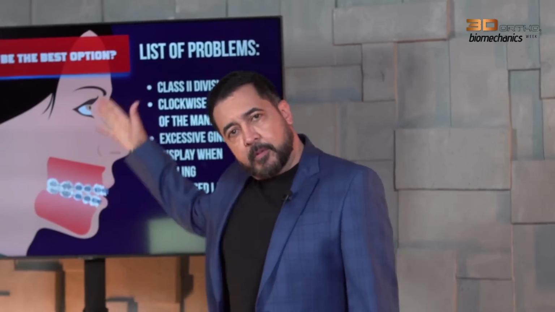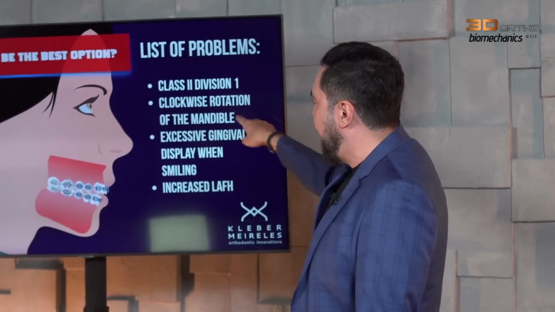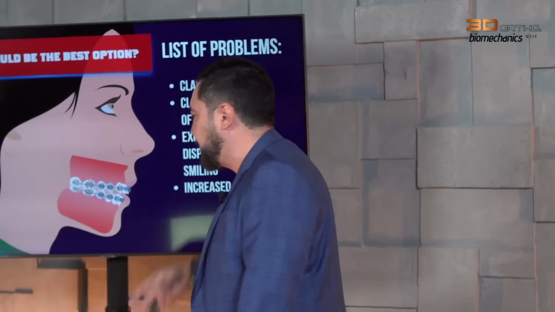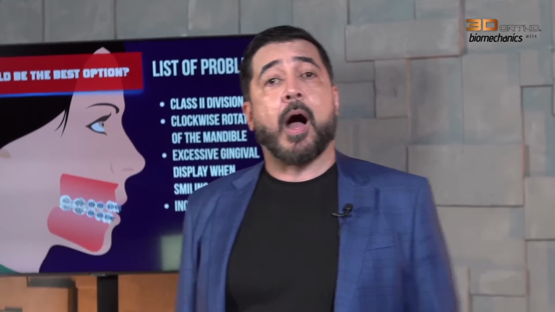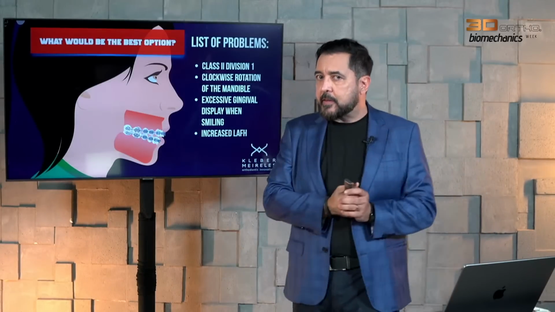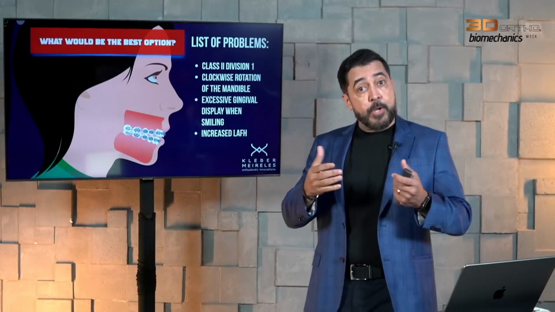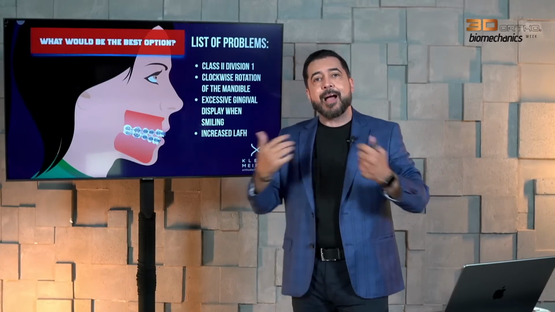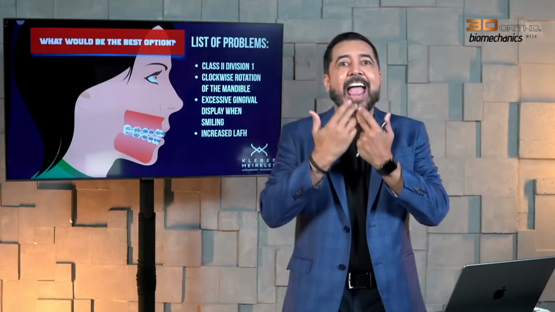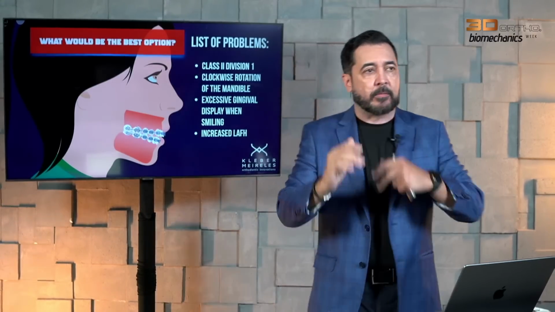Look at that. Follow with me. This is Class 2 Div 1, clockwise rotation of the mandible, excessive gingival display during the smile, increased lower anterior face height. And you're treating how? I'm treating nowadays with a very fancy device, Kleber. Why? Because now we have the beautiful IZCs. IZC is anchorage. Anchorage is not treatment.